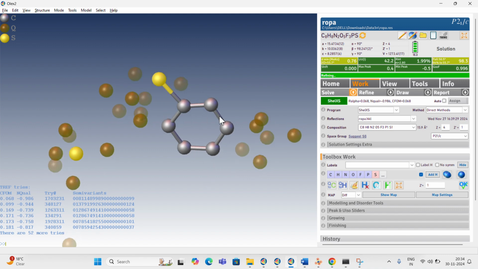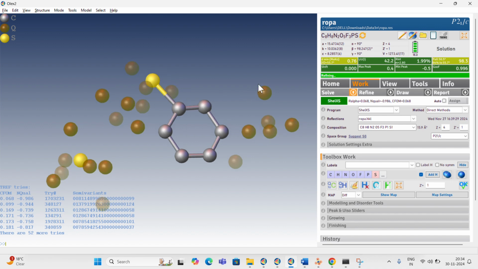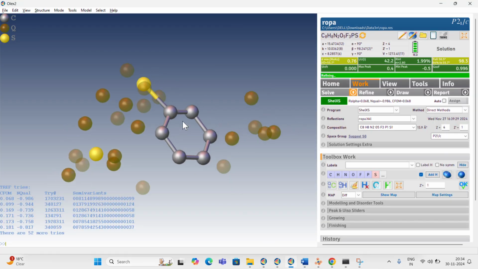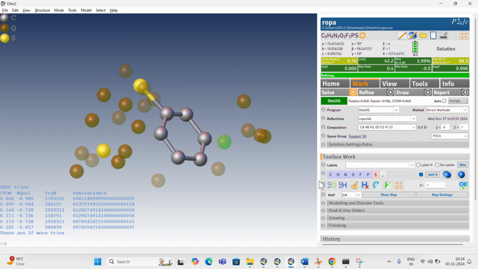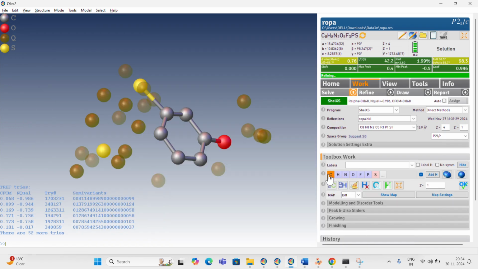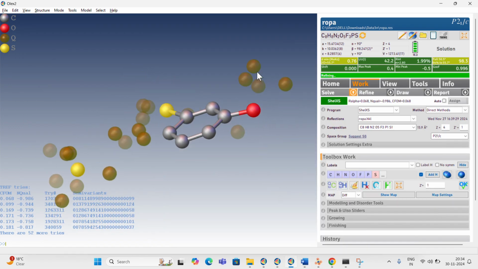And then in riluzole we have, as we can see, oxygen and one carbon and three fluorine. For that we go to it there and we say that this is nothing but oxygen. So oxygen here, and this one is carbon, and these three are fluorine.